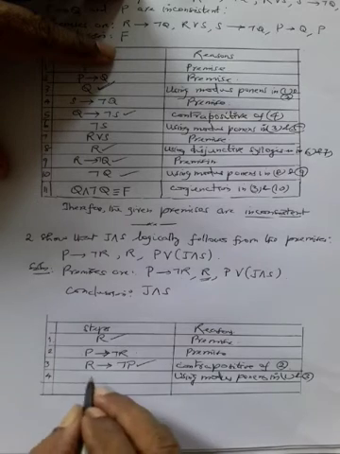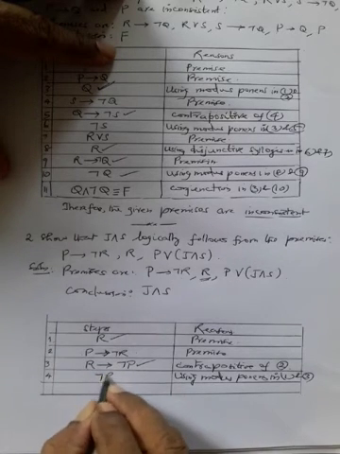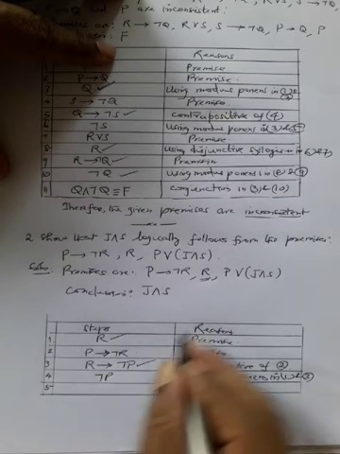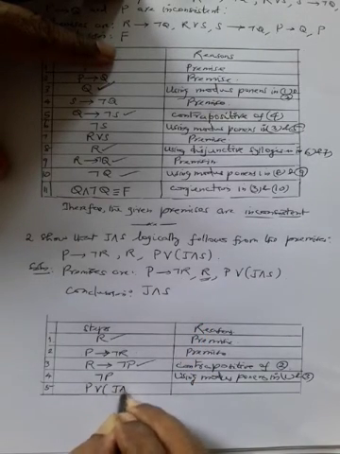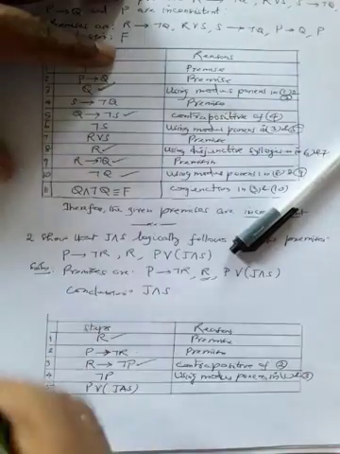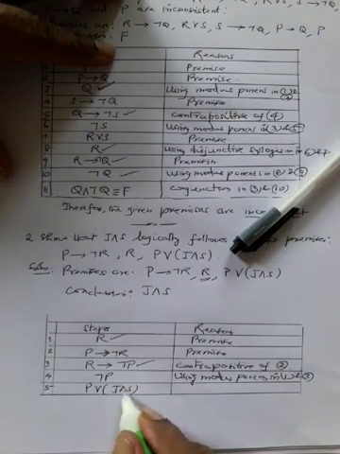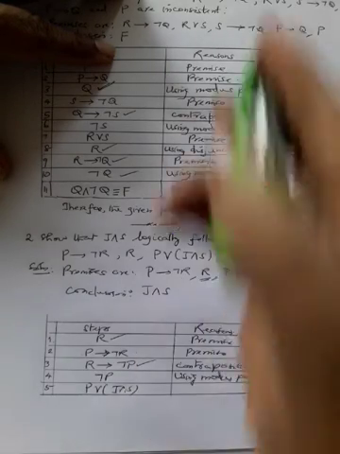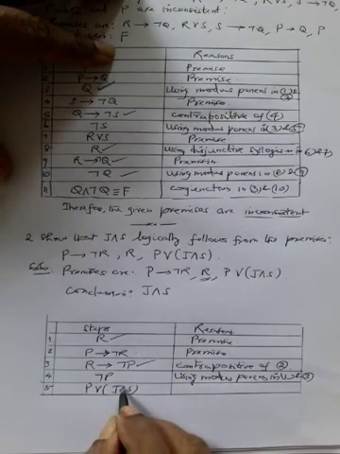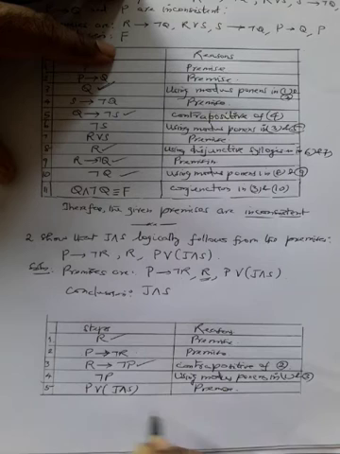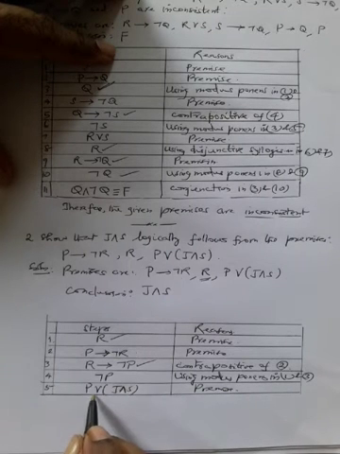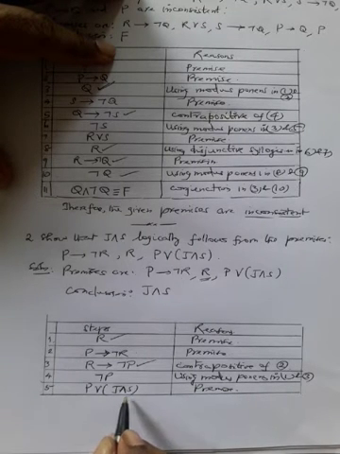In 1 and 3 you will get negation P. Fifth one, P or J and S. Premise. You have negation P and P or J and S.